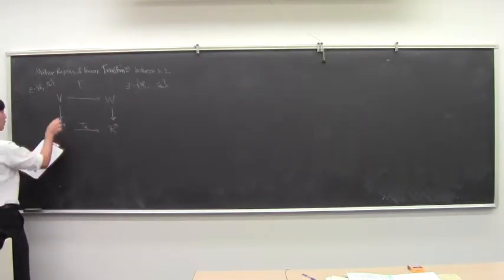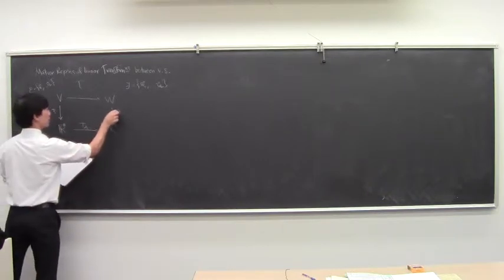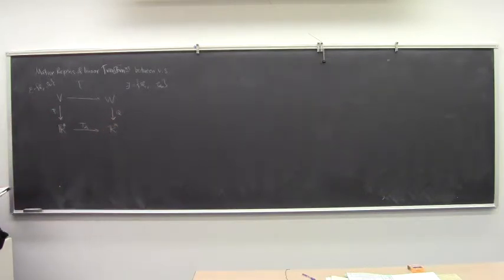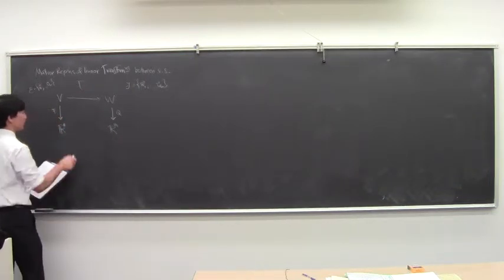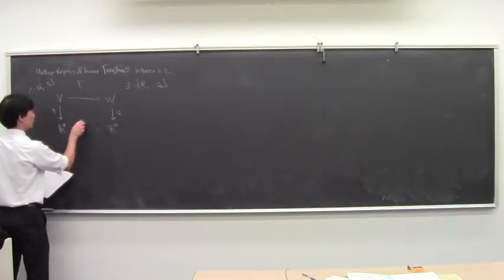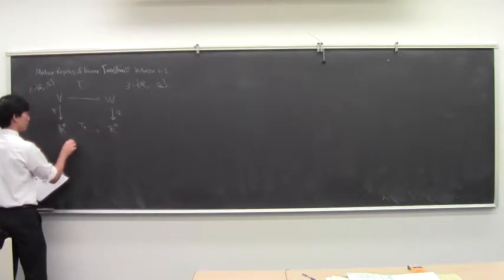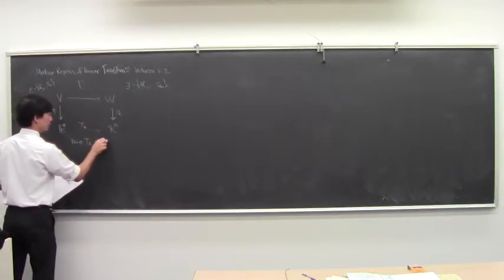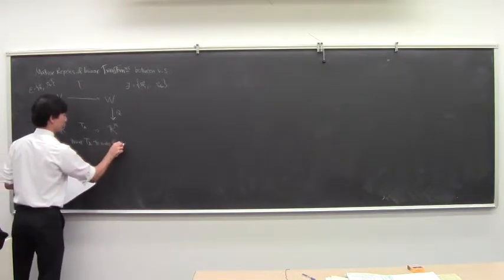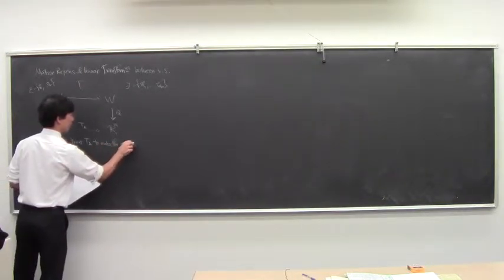With those bases, we get the coordinate maps, which we call P and Q. And we want T sub A to make this diagram commute.